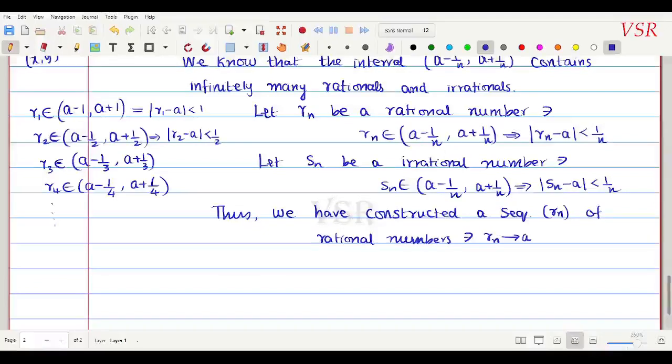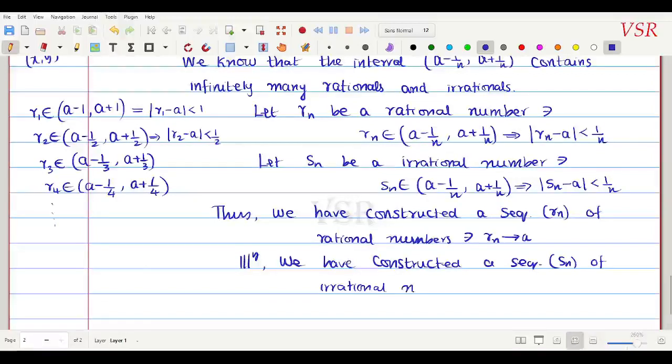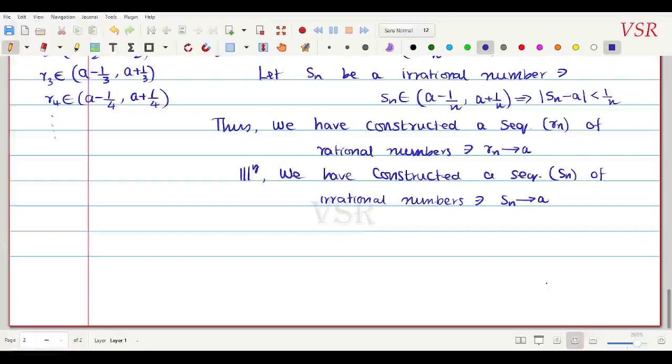Similarly, we have constructed a sequence Sn of irrational numbers such that Sn converges to a. Correct? So both sequences, Rn converges to a, and Sn converges to a.